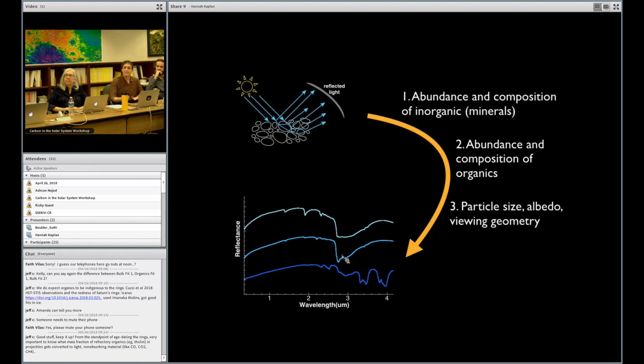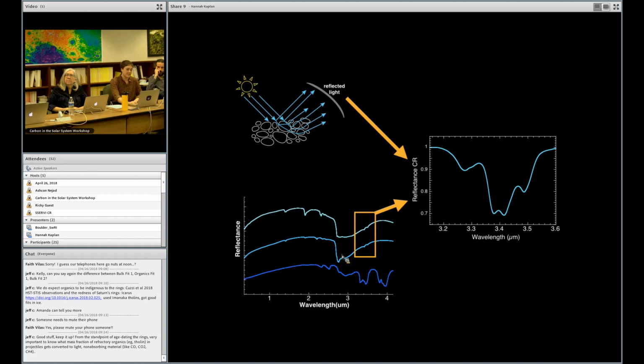So our spectrum, down in the bottom left here, contains information about the abundance and the composition of minerals, the abundance and the composition of organics, but also something about particle size, albedo, and viewing geometry. And so we need to really disentangle all of this to get qualitative and hopefully quantitative information about the organics in these bulk rocks.